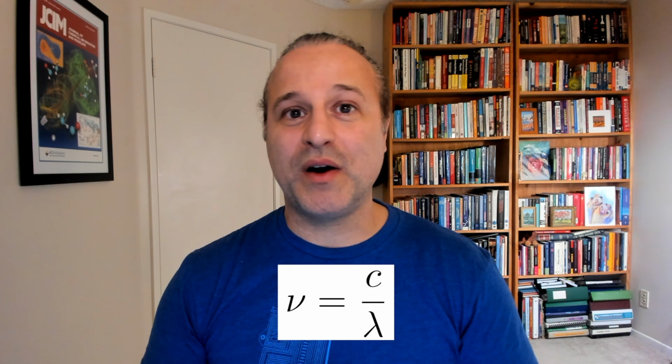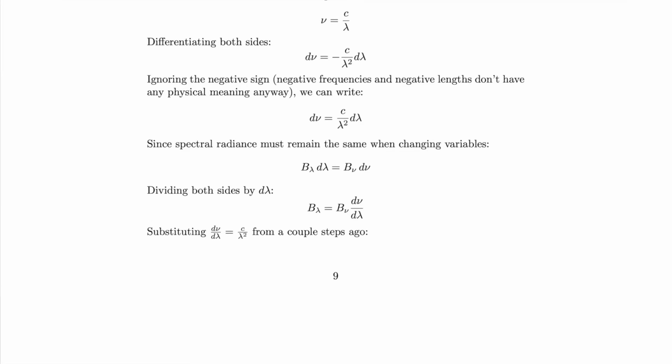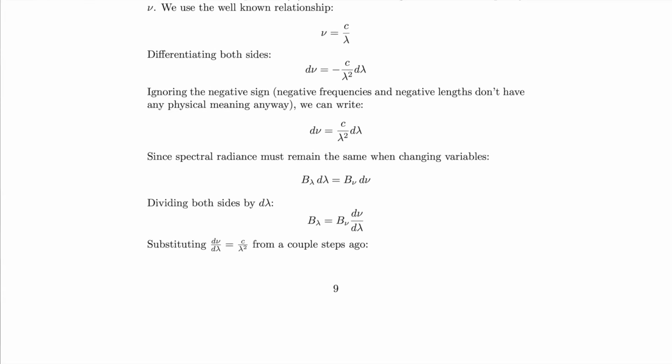Well, let's use this well-known relationship, often called the de Broglie relationship, of nu equals c over lambda. So nu, the frequency, equals the speed of light over the wavelength. So if you were thinking we could just plug this relationship in, not quite. It's a little more complicated than that. Specifically, if we think about it, there's only so much power density there.